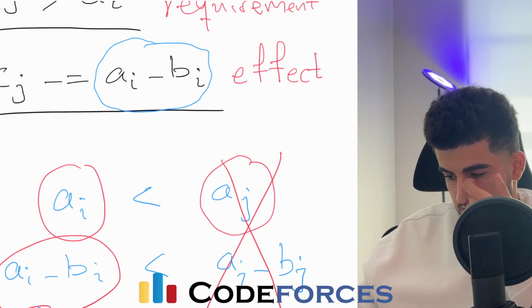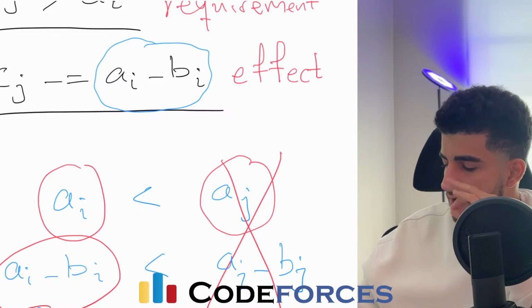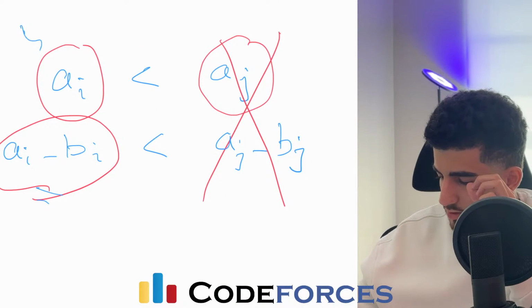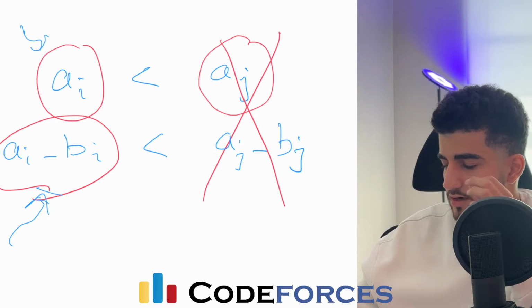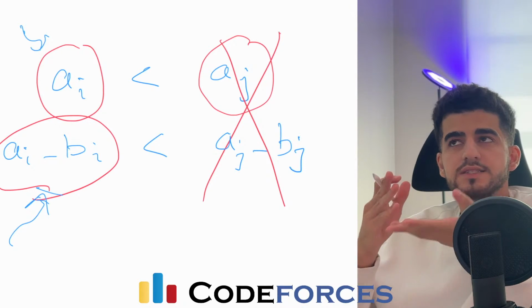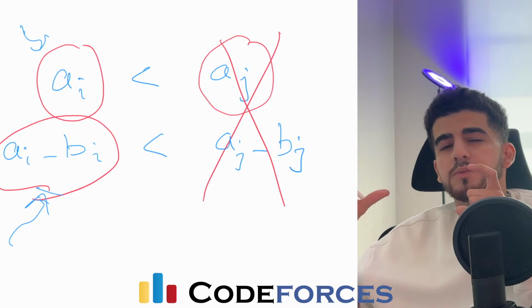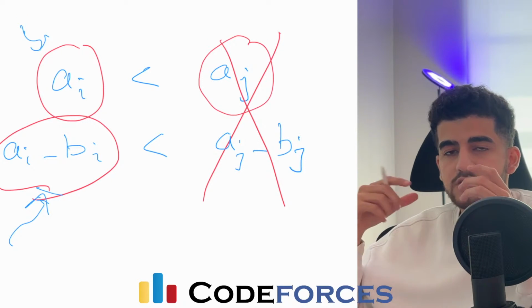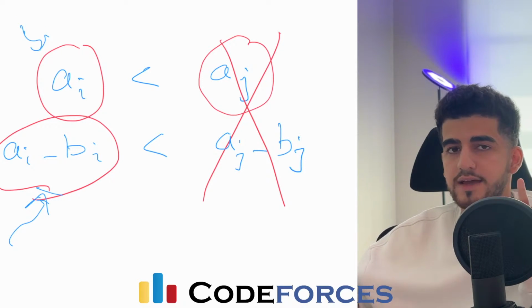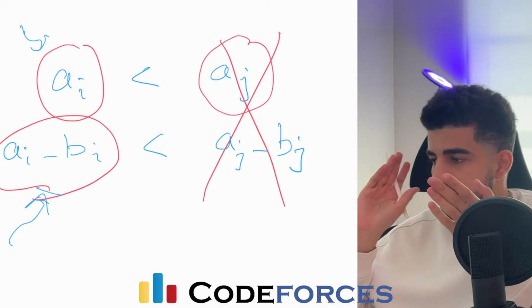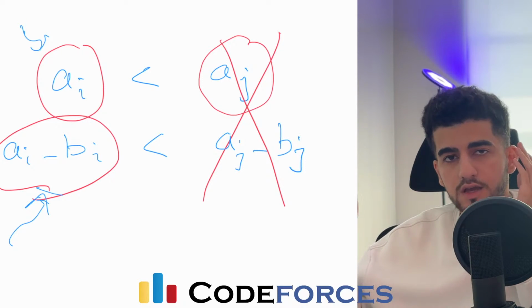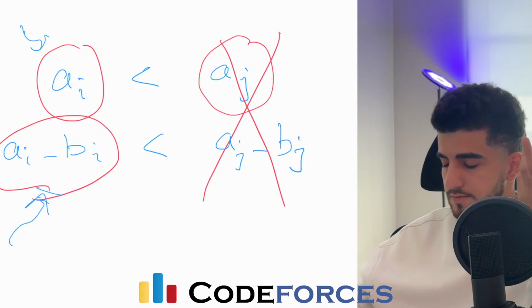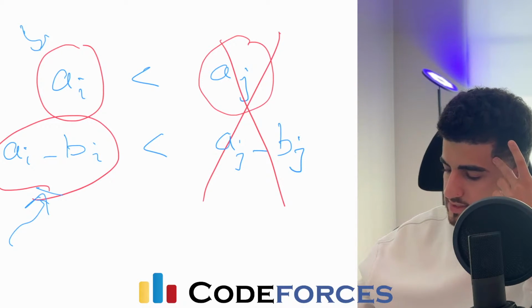So if the requirement is lower and also what we'll lose is lower, it's always better. Weapon number I dominates weapon number J. Weapon number I is strictly better than weapon number J in any sense, because when I can do weapon number J, I can also do weapon number I, and its return is better. I will lose less metal. So this way I can say that this is redundant.